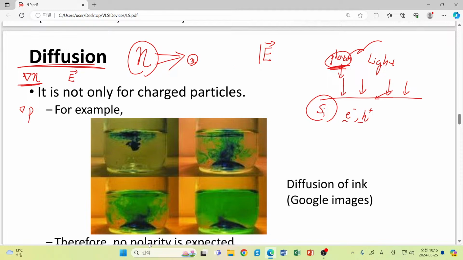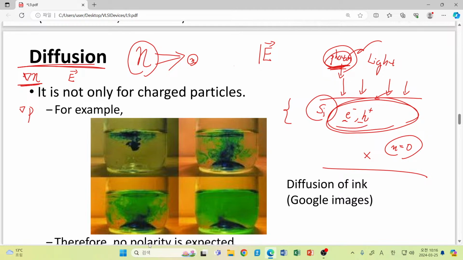And think about this one. When we have photons, electron holes are only generated near the surface. Deep inside the silicon, since all of our photons are already absorbed near the surface area, we actually have no excess electrons, and here we have highly populated electrons and holes.